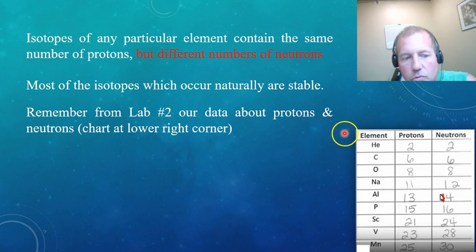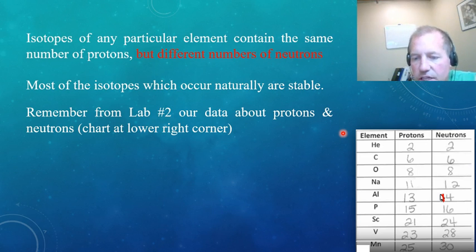And what this chart shows us is that your helium, carbon, your oxygen, they're in a 1-to-1 ratio of protons to neutrons. And then as they start getting larger, you can see that it's no longer a 1-to-1 ratio. And with the higher elements, such as uranium, you're getting to be at least a 1 to 1.5 ratio of protons to neutrons. And that's when it becomes unstable.